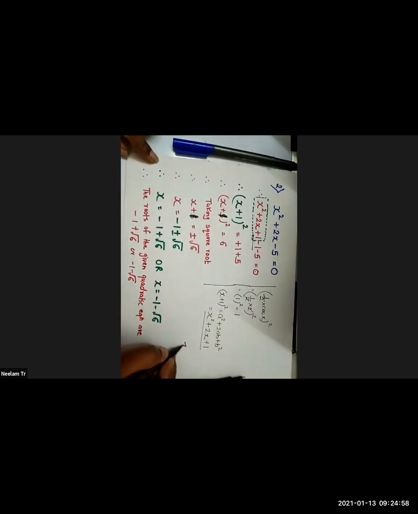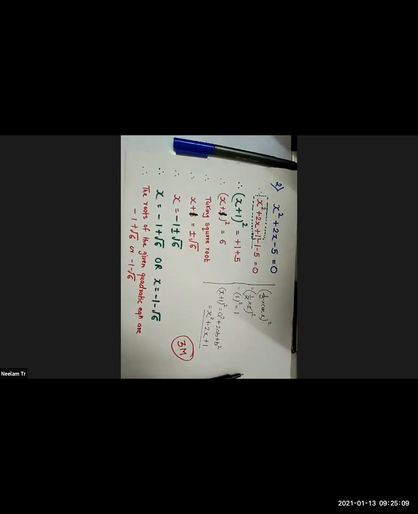Okay. These questions they are going to ask you in your exam for 3 marks. You are preparing for 3 marks questions. I hope this is clear to you all. What we are doing in this method, for this step, you'll get half marks. For every step, the marks has been divided.